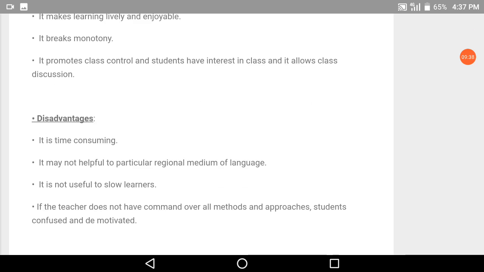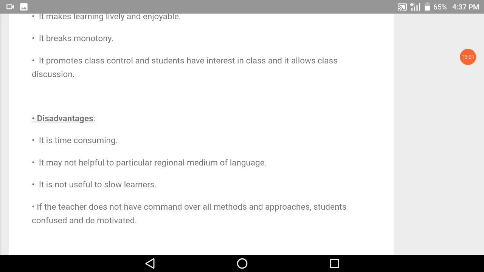Everything has its advantages and disadvantages. It is a time-consuming method, which means if I read out one topic, my lesson will be nearly complete in my lecture only. As we know, many schools have a 35-minute lecture only.